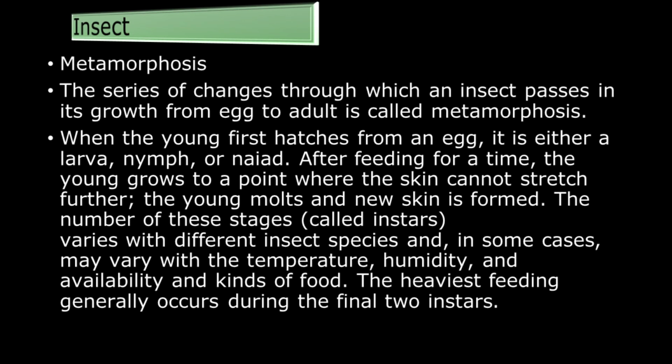When looking at insects, we need to talk about metamorphosis. This is the series of changes through which an insect passes in its growth from egg to adult. When the young first hatches from an egg, it is either a larva, nymph, or naiad.